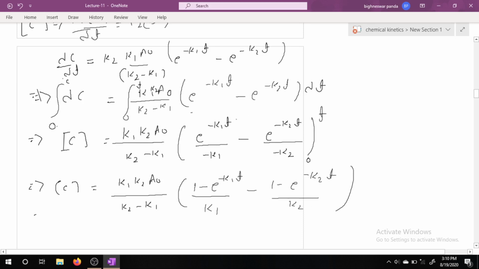In terms of t I put t, then I get e to the power minus k2t; if I put 0, the remaining minus 1 will be multiplied here, so I get 1 minus e to the power minus k2t. So this is the concentration of C for the reaction.